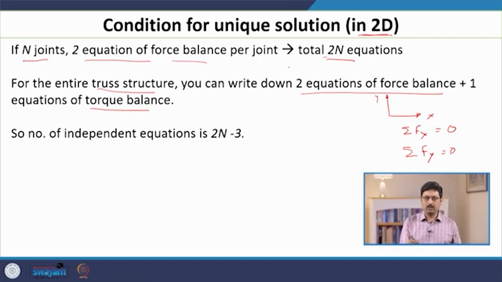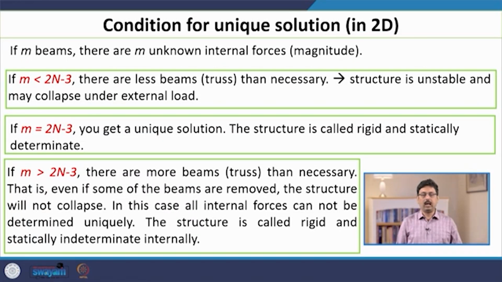If you combine all the 2n equations for each of the nodes, you can show that they already include these equations of force balance. We have seen this in the example that we worked out last time. So, the number of independent equations is actually not 2n, but 2n minus 3. Now, how many unknowns are there?